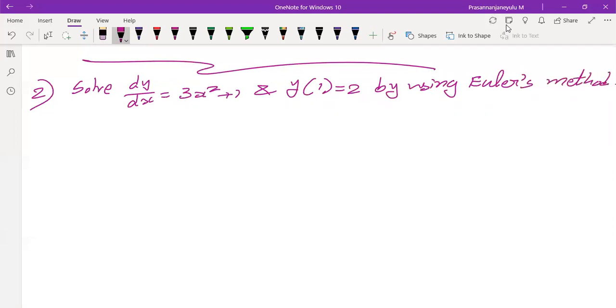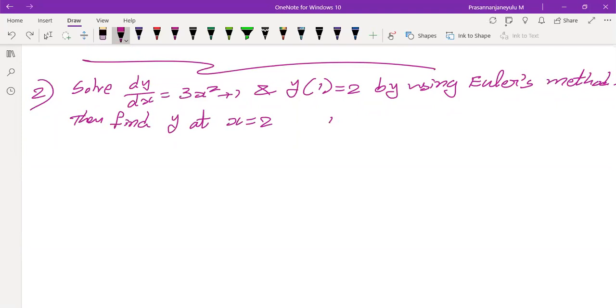Okay, so after this, then find y at x equals 2. First case.